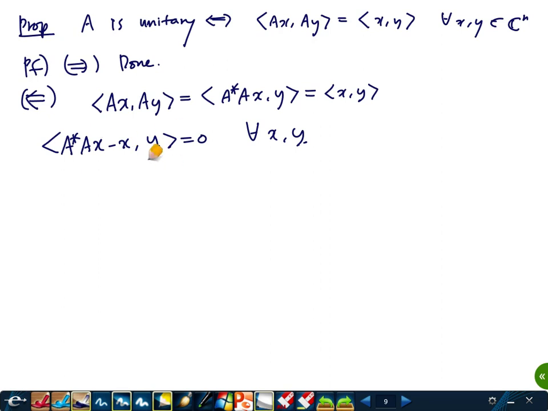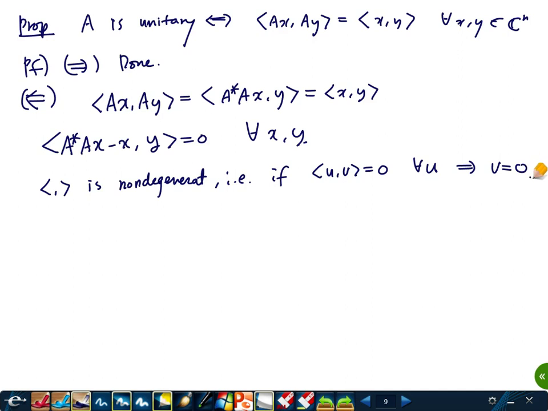The simple fact is that in this situation, this must be 0. This form, this bilinear form, is usually called non-degenerate, meaning if u comma v equals 0 for all u, then v must be 0, or the same for the other one. Anyway, no matter what y is here, it is always 0.